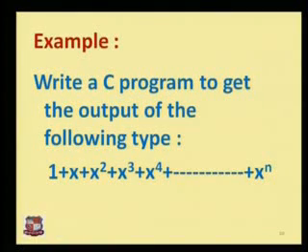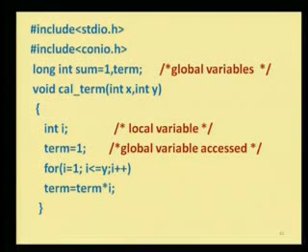We have a program: write a C program to get the output of the following type: 1 plus x square plus x cube plus x to the power 4 and so on up to x to the power n, where the values are integers. Here is the program: #include <stdio.h>, #include <conio.h>.